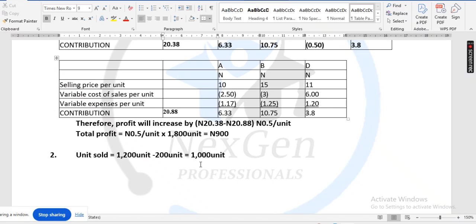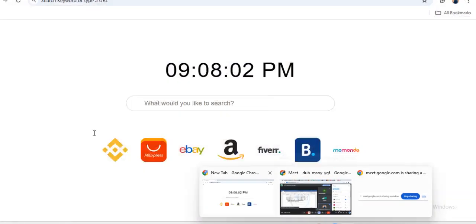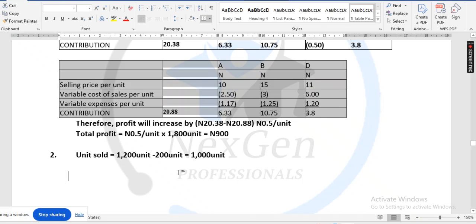I have two approaches to this. 20,880 naira. No, let us not do it that way. Let's change approach.